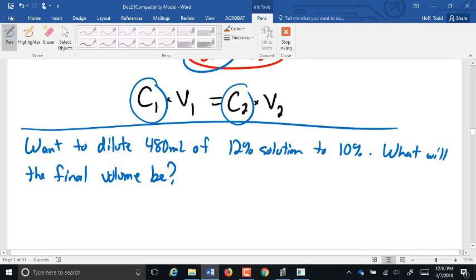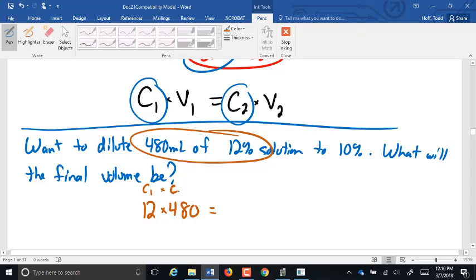So we start out with 480 milliliters of 12%. I could put that as 0.12, or I could just leave it as 12. I'm going to leave it as 12 just to make it easier to work with. So that's 12 times 480 milliliters. That is concentration before times the volume before. That's going to have to equal the concentration after times the volume after. Well, the concentration after, we want it to be 10%. So since I left this as a 12, I'm going to leave that as a 10.